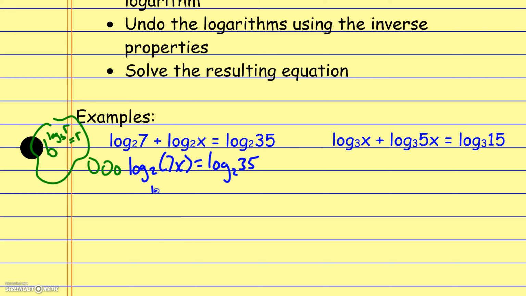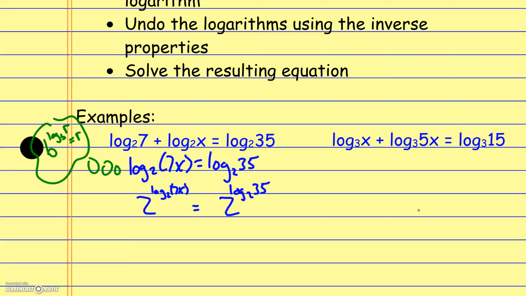So I'm going to do log base 2 of 7x as an exponent. Over here I'm going to do log base 2 of 35 as an exponent. And the base that I'm going to use is 2. Alright, so I'm going to do 2 raised to the power equals 2 raised to the power. So each side of my equation becomes an exponent.